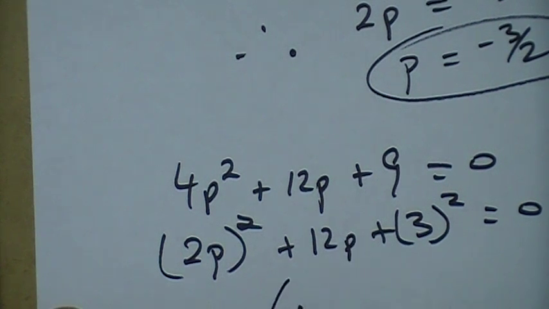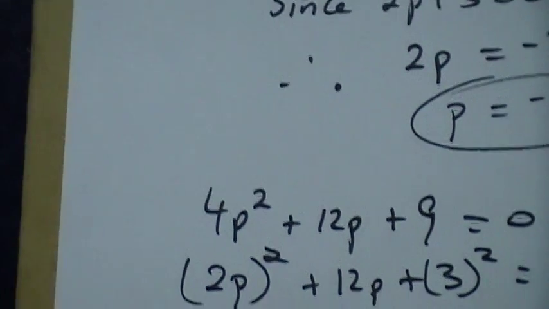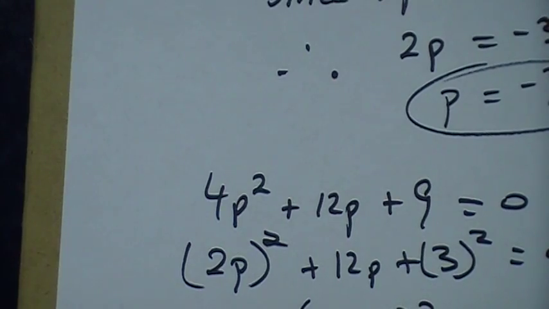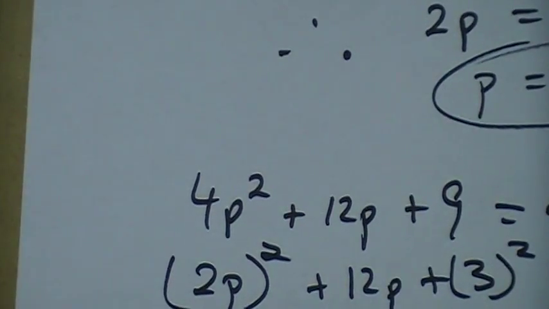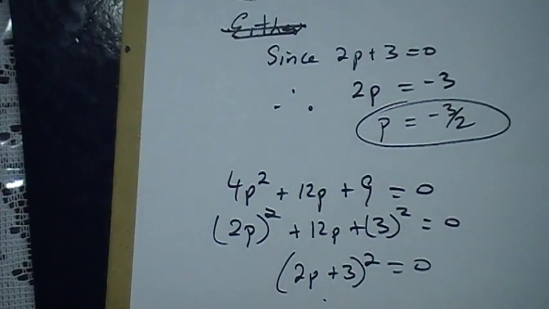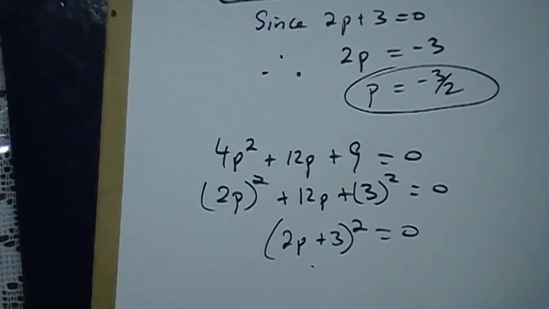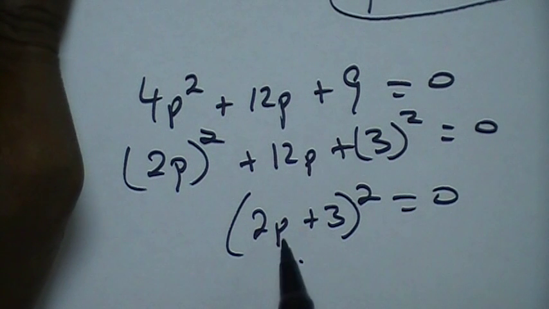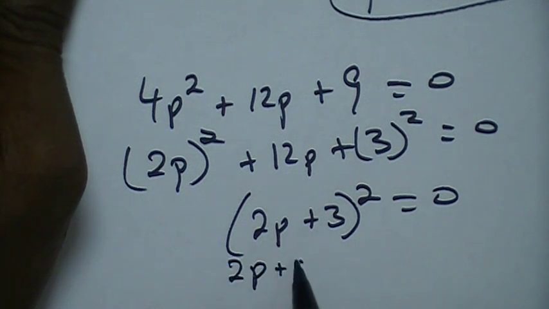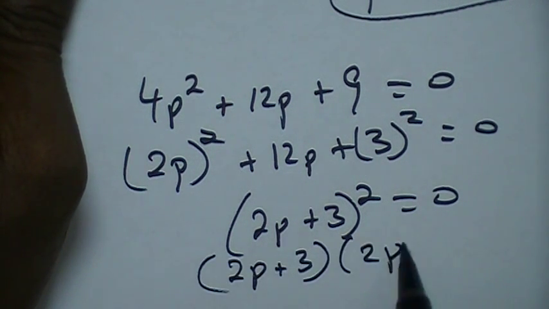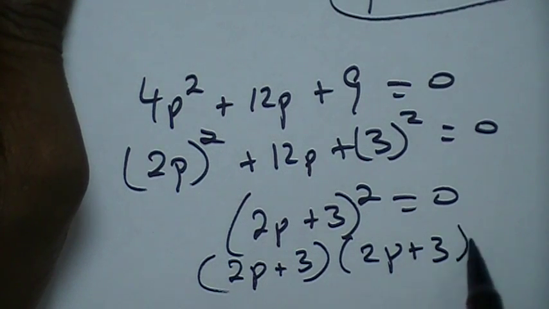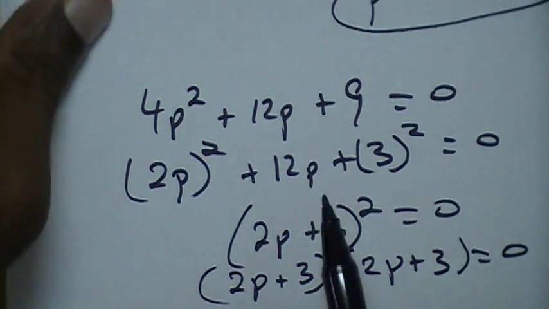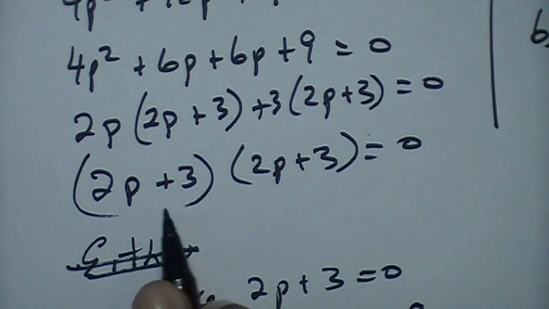So that would work. So it's basically 2p plus 3 all squared equals 0. Once that's the case, we can basically say that 2p plus 3 times 2p plus 3 equals 0, and we take it from there, as we did when we reached this stage.